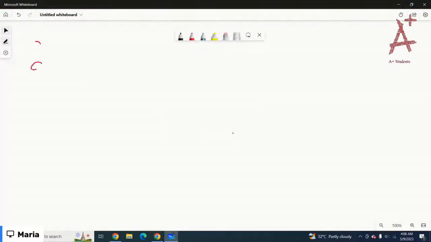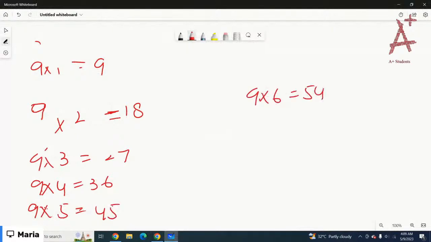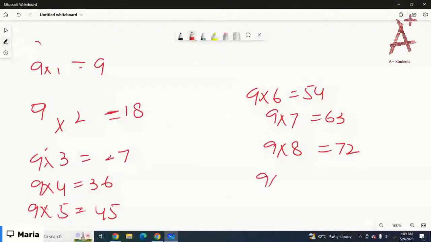Okay, so it would be 9 times 1 is 9. 9 times 2 is 18. 9 times 3 is 27. 9 times 4 is 36. 9 times 5 is 45. 9 times 6 is 54. 9 times 7 is 63. 9 times 8 is 72. 9 times 9 is 81.